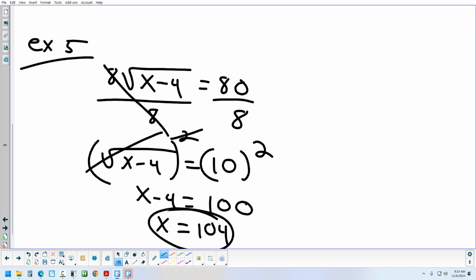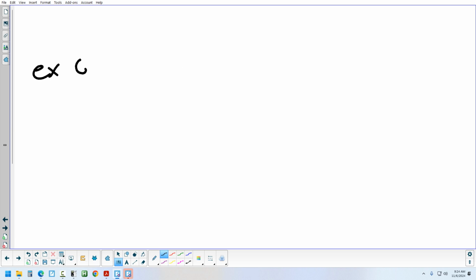So a little bit more work than the last one, but not that much more work. And if you plug that back in, it does work. Any question on that one? All right, let's try this one.